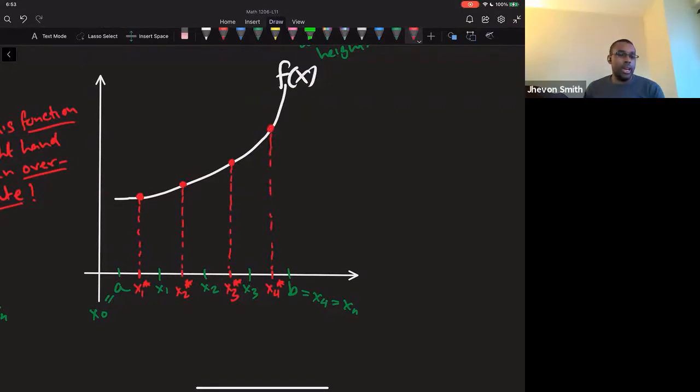Now, if those guys determine the height, you're going to notice something that's going to happen. You're going to have something like this occurring.